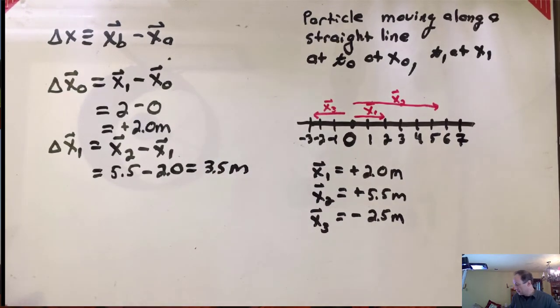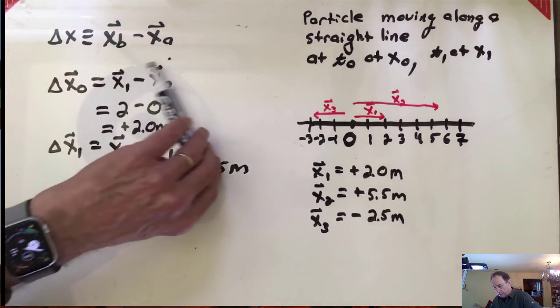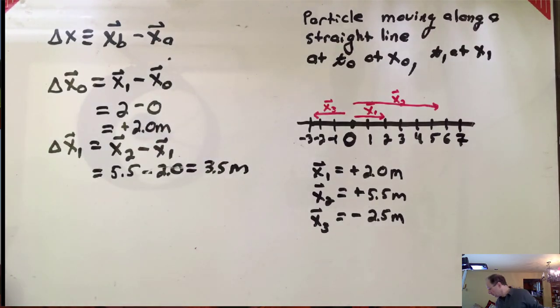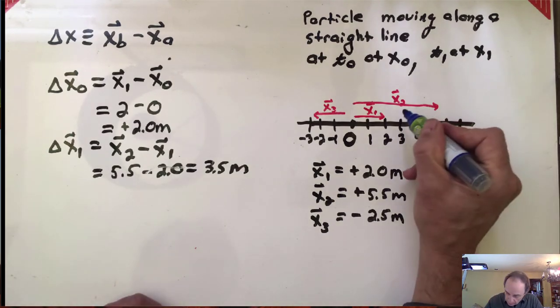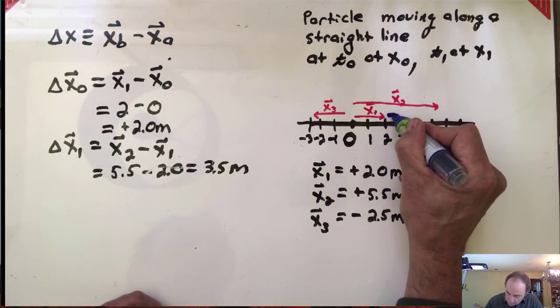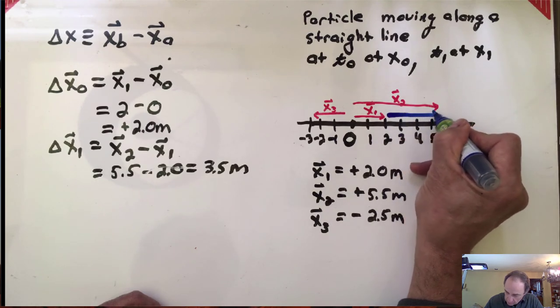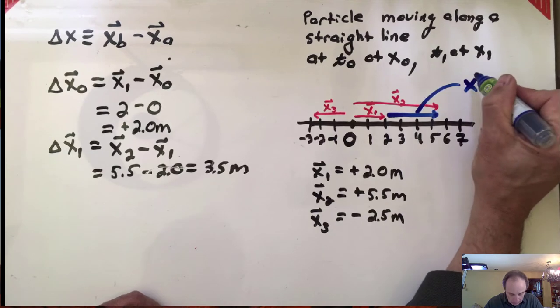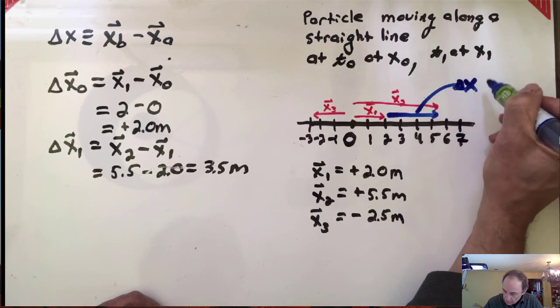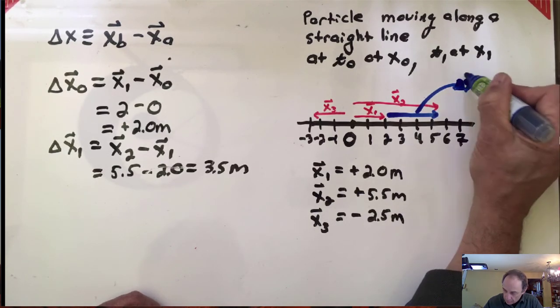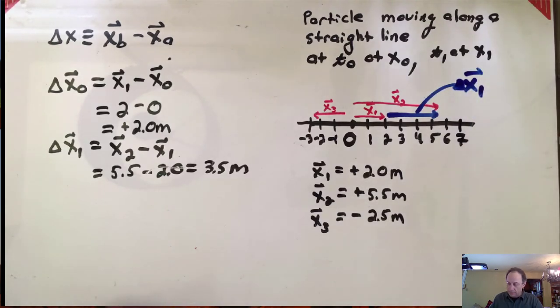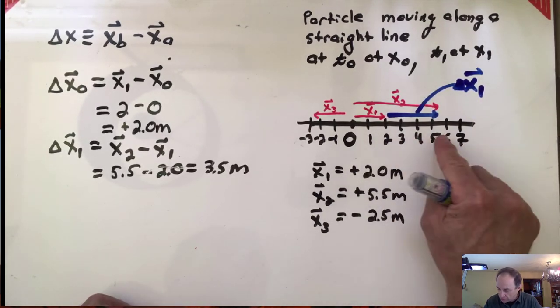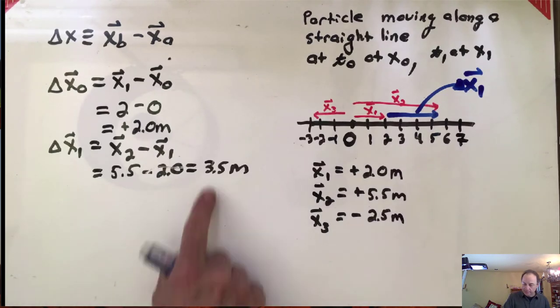So let's put that on our number line there. Okay, so this right here is x2 minus x1, or delta x1. It has a magnitude of 3.5. You can see that, 5.5 minus 2, and it's in a positive direction.